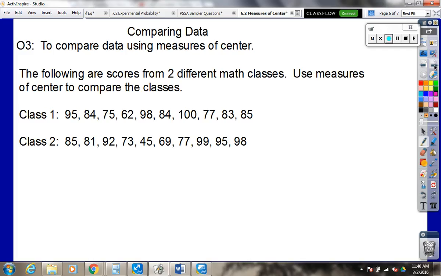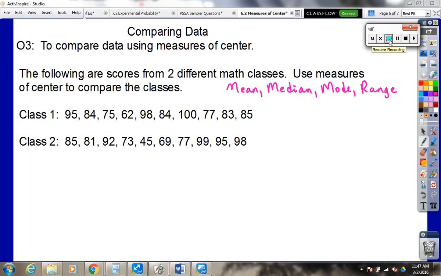Okay, what I want you to do now is take a look at the scores for class 1 and class 2. I want you to find the mean, median, mode, and range for every class. So pause this now and do that, and then we'll talk about how we'll compare them.